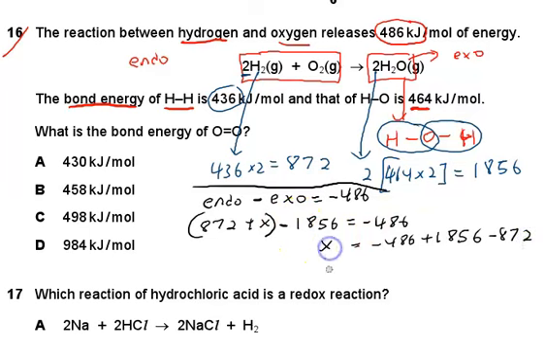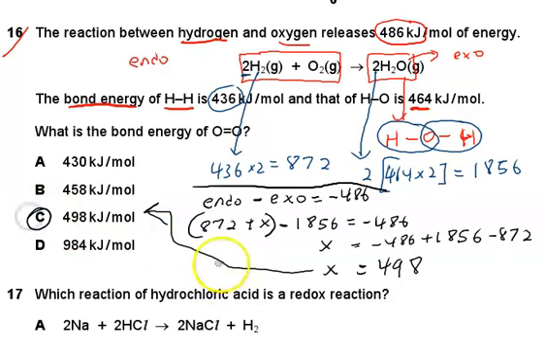And here's the X. The X is for the oxygen, and when we calculate this, we will be getting 498. So which will give you the answer C. Okay, so this is your answer for 16.